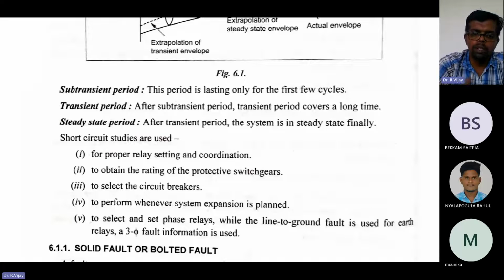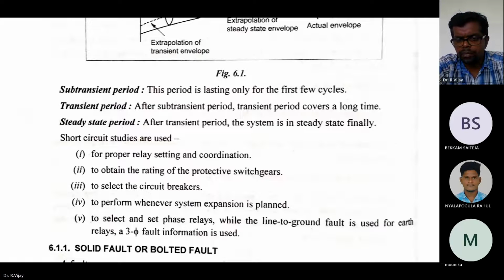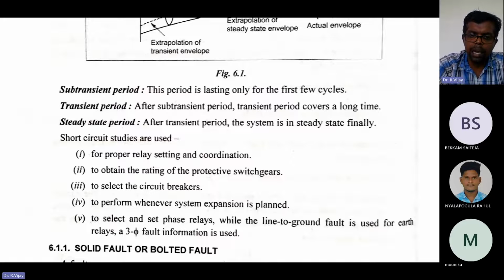Because sometimes, due to the industrial revolution and the ever increasing load, suddenly we need to raise the capacity of the substation. At that time one new transformer comes, one new feeder may be added, one new area may be added. So you need to go for expansion.